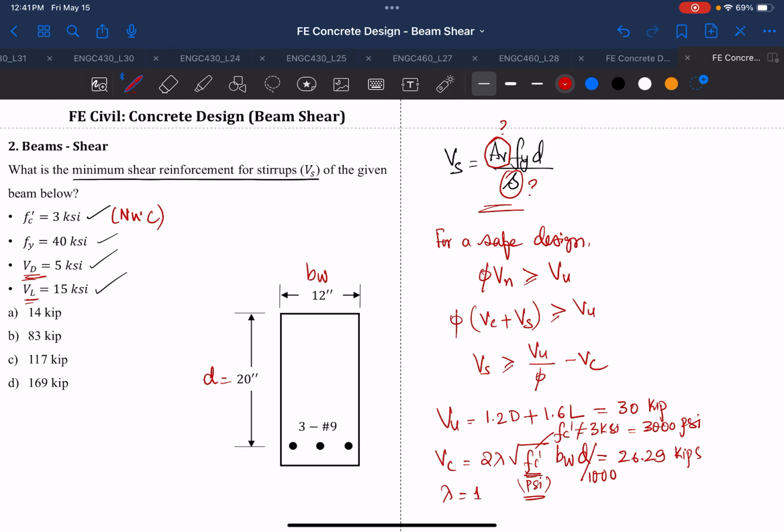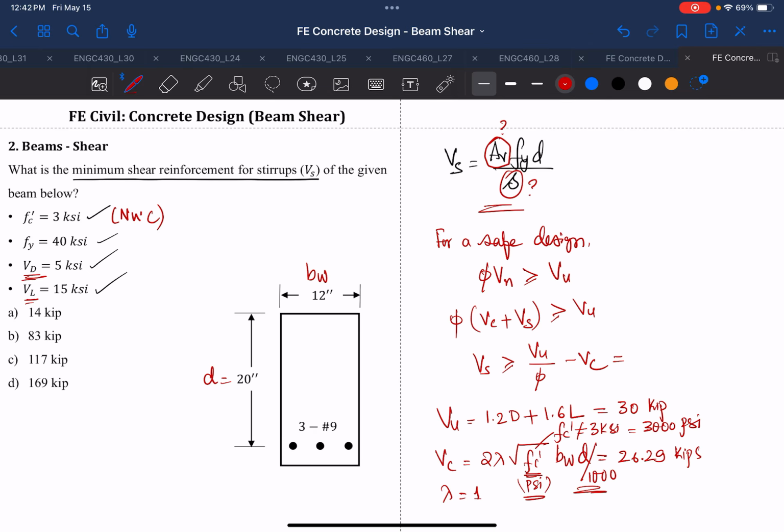So for all these empirical formulas or equations that you use from your FE manual, you have to pay attention to what unit you have to use. The same goes for beam flexure also. In this case, don't use 3 ksi, you have to use 3000 psi. And if you want to convert from pounds to kips, then you just have to divide by 1000.